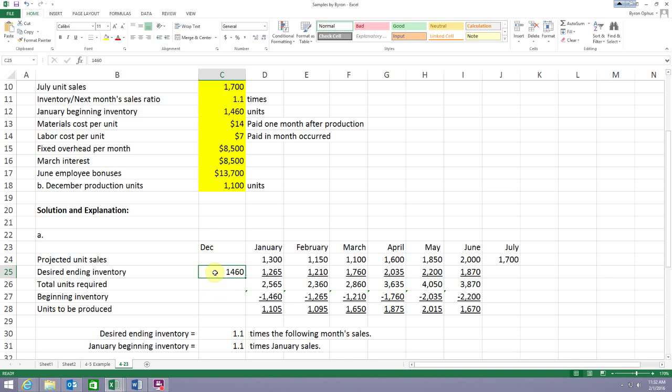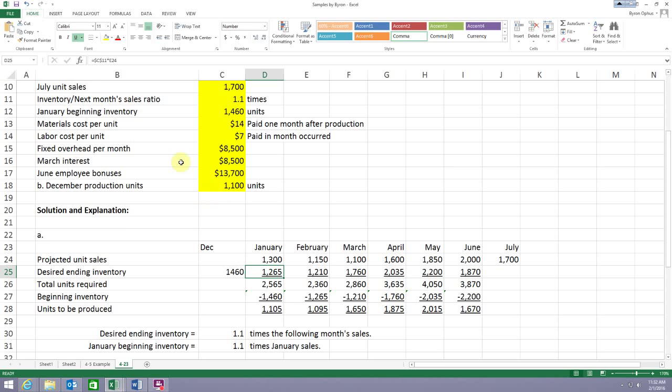Or, as I said earlier, I can simply say that this is equal to this one times 1.1, or 110%. Okay. Uh-oh. That wasn't right, because it says it was 1,460, didn't it? So that was entered in there. Yeah, they must have got me goofed up there.